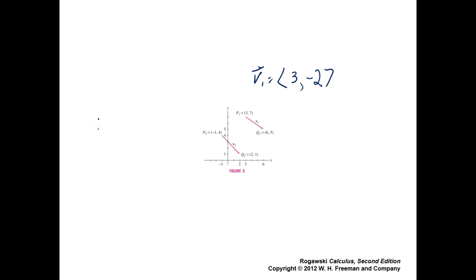Let's do the same thing for vector V2. What would be its components? 3, so far so good. -3, off by 1.